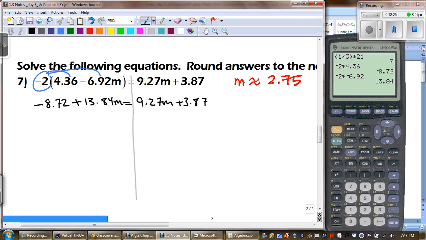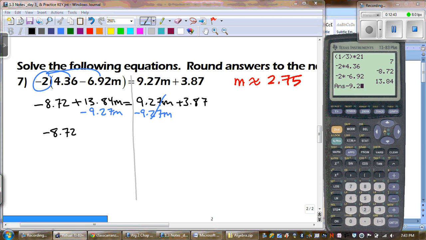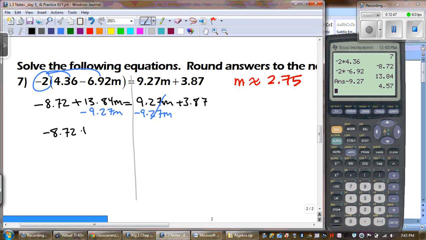Okay, so now we have to move the smaller variable, which is the 9.27m, so I'm going to subtract that to both sides. Those cancel. I'm going to start writing everything else down, and 13.84 minus 9.27 gives us 4.57.